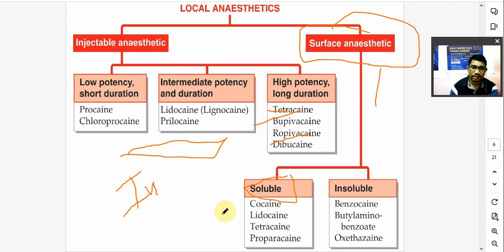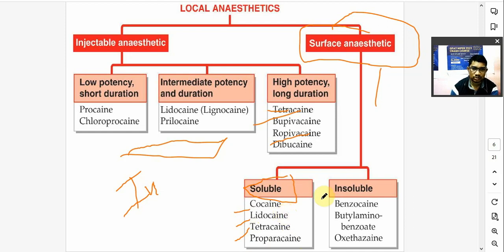Soluble में कौन आता है? Cocaine, lidocaine, tetracaine and procaine. लिडो, प्रोपा, टेट्रा और कोका. ऐसे याद रखो, कोका, टेट्रा, लिडो, प्रोपा.